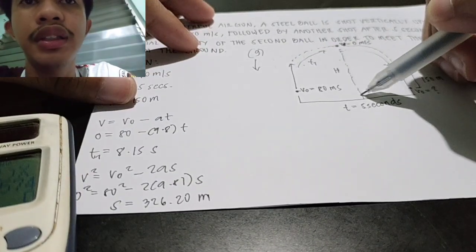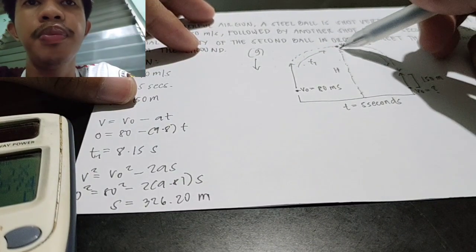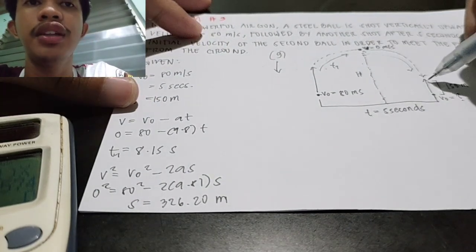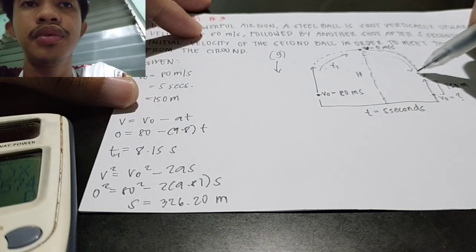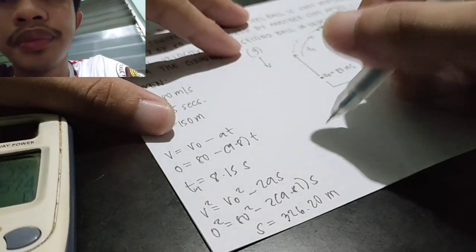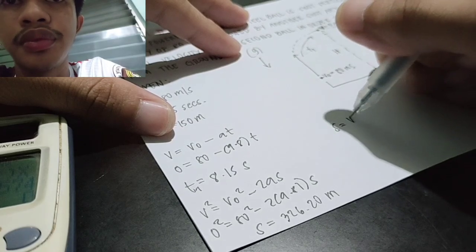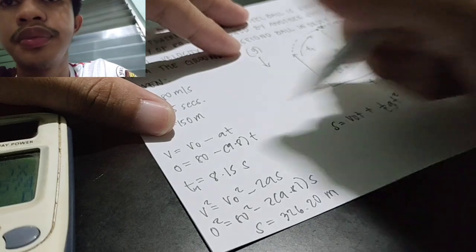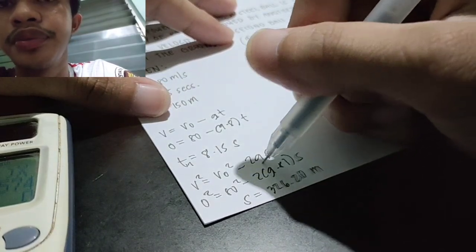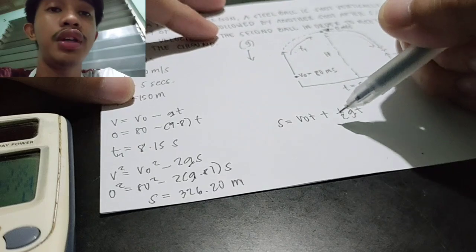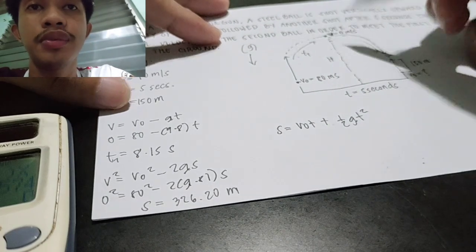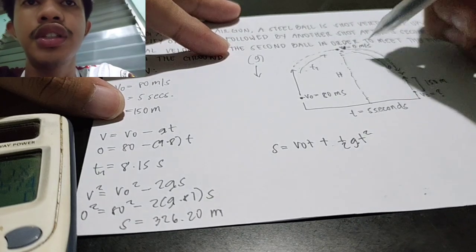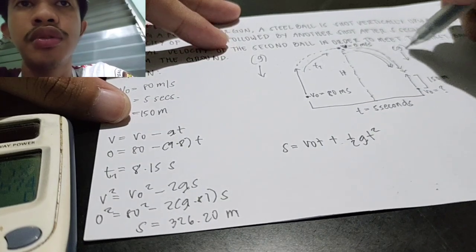So we have now the height of the apex, and we are going to subtract 150 from it to get the time to this point. S is equal to VOT plus 1/2 gT squared. I am going to use a plus sign because the motion of the ball from the apex to this point is along with the motion of gravity.